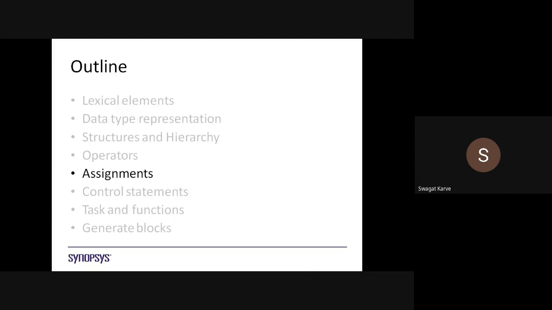Can anyone revise? What are the different types or classes of operators that we have discussed, and what about the precedence of the same?